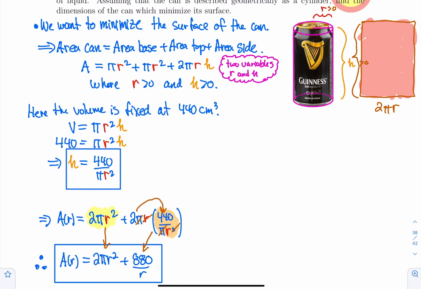And now you should also take the time to specify the interval of optimization. We know r needs to be bigger than 0. So here the variable r is going to be strictly between 0 and infinity. So now this is our pure optimization problem. And now the interval, sadly, is an open interval.